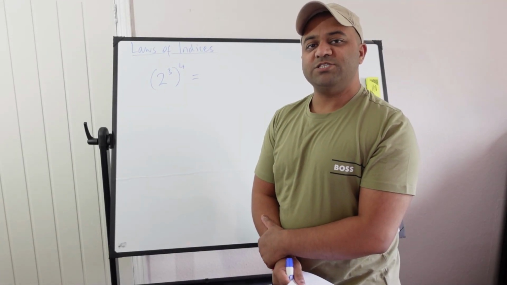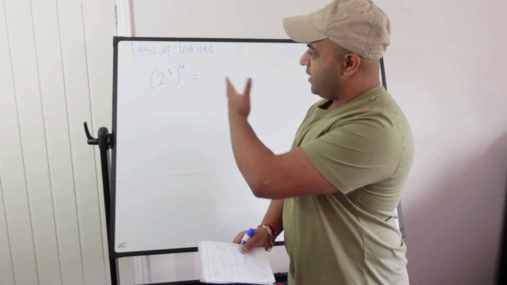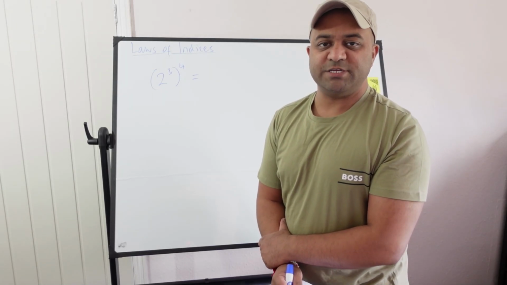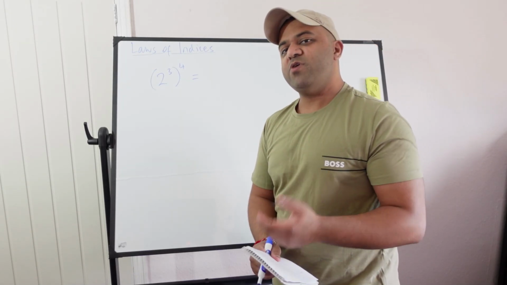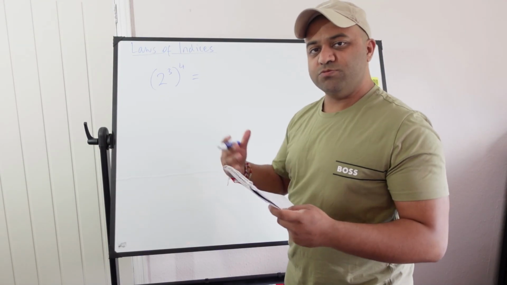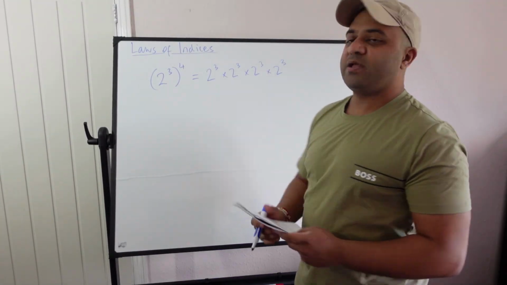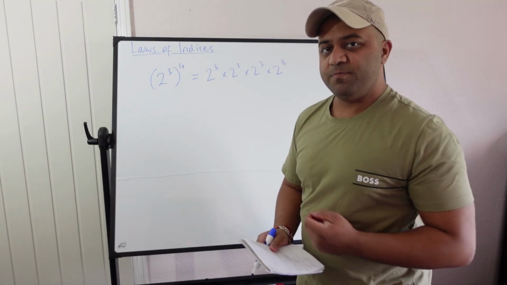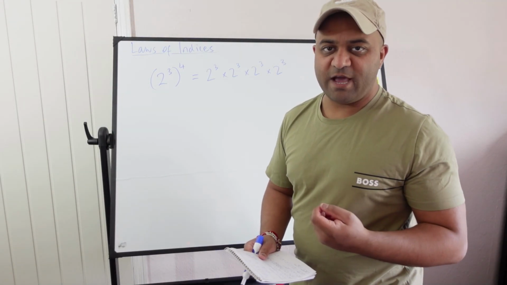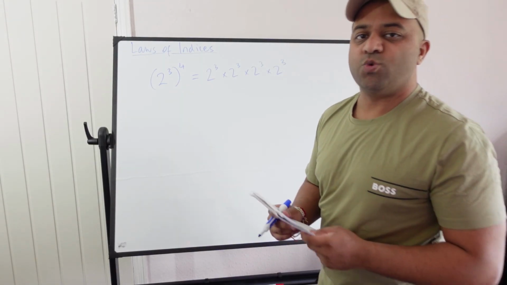Okay. In this next example, now we have a power raised to another power. Inside the bracket, we have 2 to the power of 3, which is then being raised to the power of 4. If we write this down in full, something to the power of 4 means you multiply by itself 4 times in a row. Now that we've written it in full, we can then use our previous law of adding powers together, where we can add 3, 3, 3, and 3 to get 12.